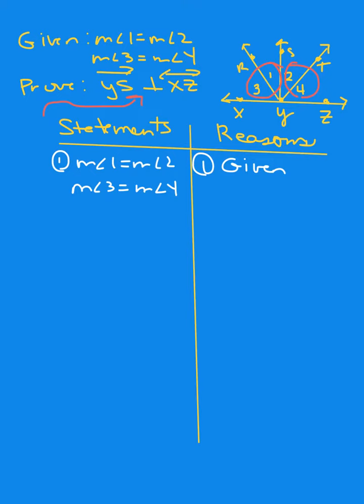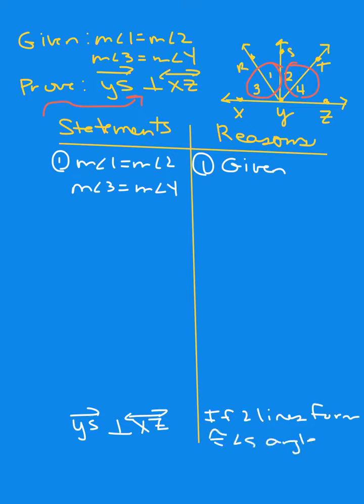So I'm going to make my last statement, ray YS is perpendicular to line XZ, because that's what I'm trying to prove. And my reason is, if two lines form congruent adjacent angles, then the lines are perpendicular.